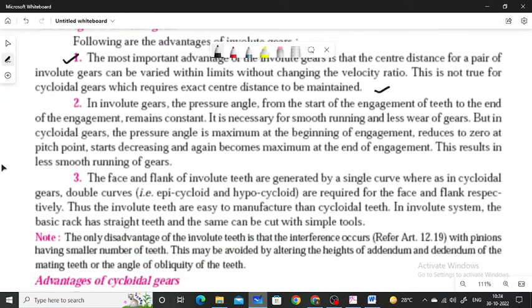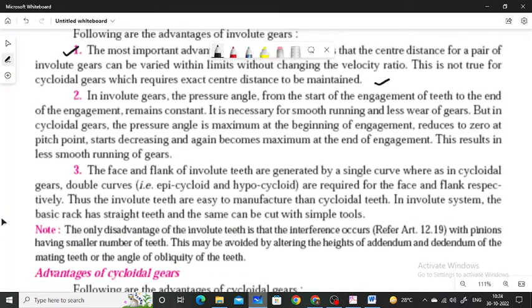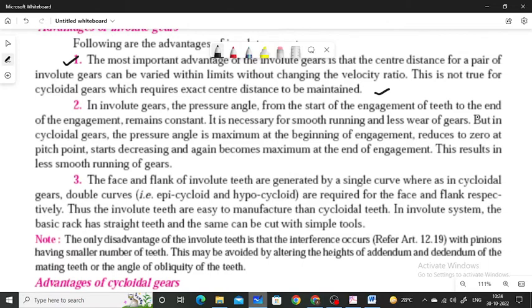Second, in involute gears, the pressure angle from the start of the engagement of teeth to the end of the engagement remains constant. It is necessary for smooth running and less wear of the gears.